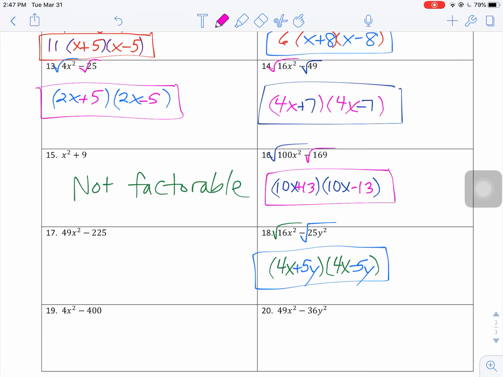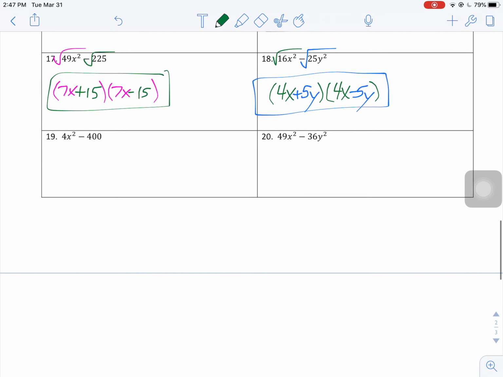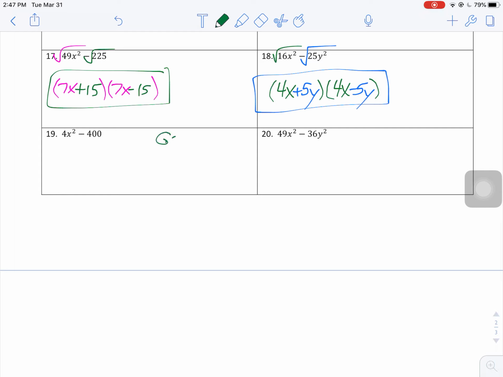17, is there a GCF other than 1? No. Is it the difference of two perfect squares? Yes. So square root of 49x squared is 7x. Square root of 225 is 15. Make one positive, make one negative. 19, is there a GCF other than 1?